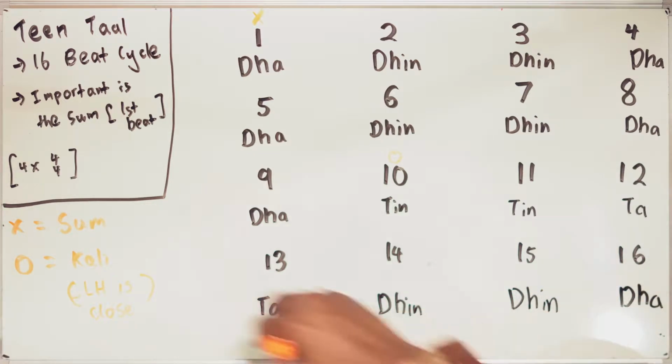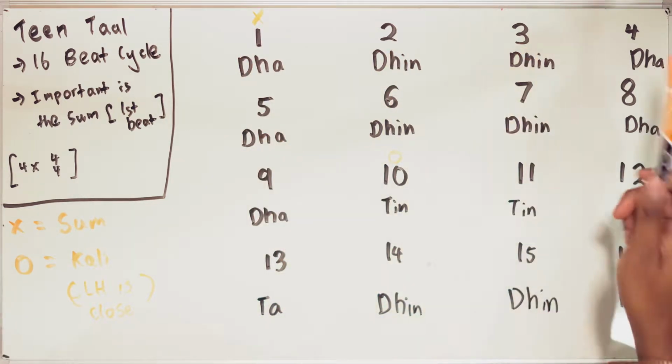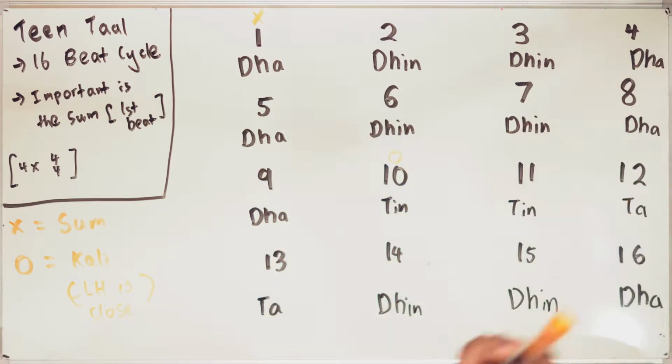And it basically loops back to the beginning again. So, how it goes: dha, dhin, dhin, dha, dha, dhin, dhin, dha, dha, tin, tin, ta, ta, dhin, dhin, dha.